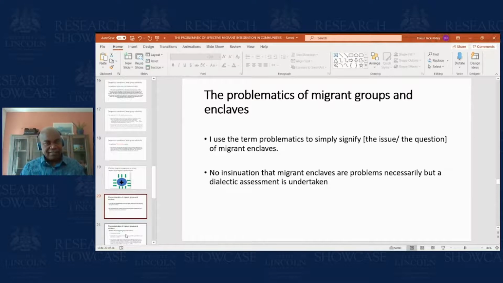So I'm not saying that migrant enclaves are a problem, but they present issues. So there's no insinuation at all that the migrant enclaves are problematic, are problems. But we need to look at those enclaves more dialectically. So look at both sides of the argument.